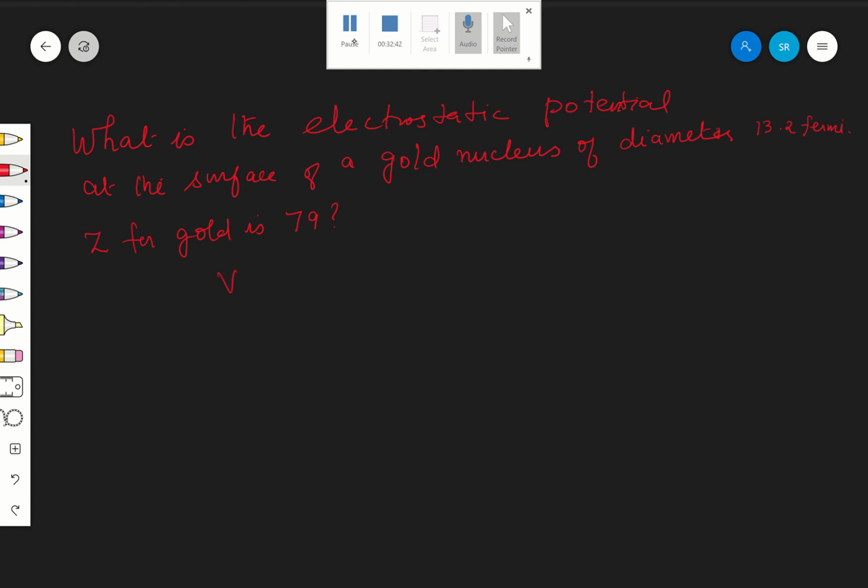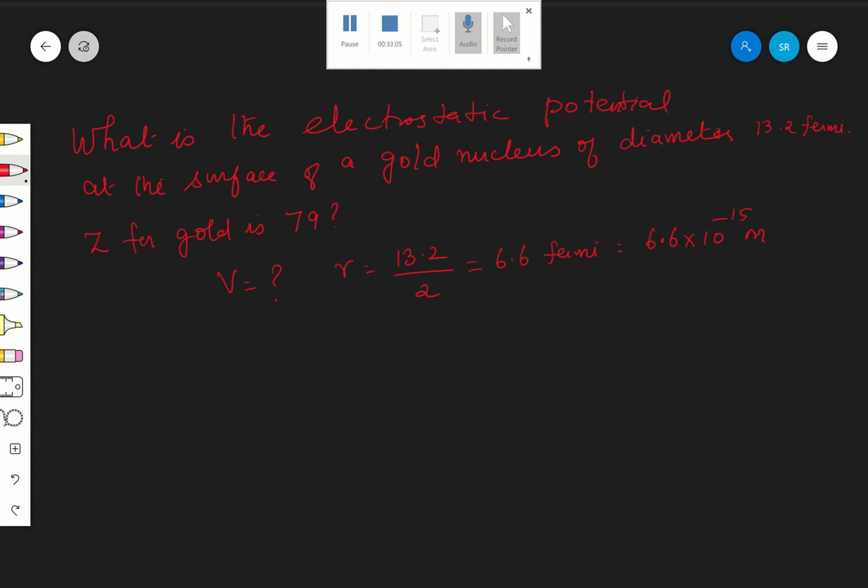Therefore, what is V? And what is the radius? Radius is 13.2 by 2. Diameter is given, therefore it is 6.6 Fermi. Fermi means 6.6 into 10 power minus 15 meter. Correct? Then what is your charge here?